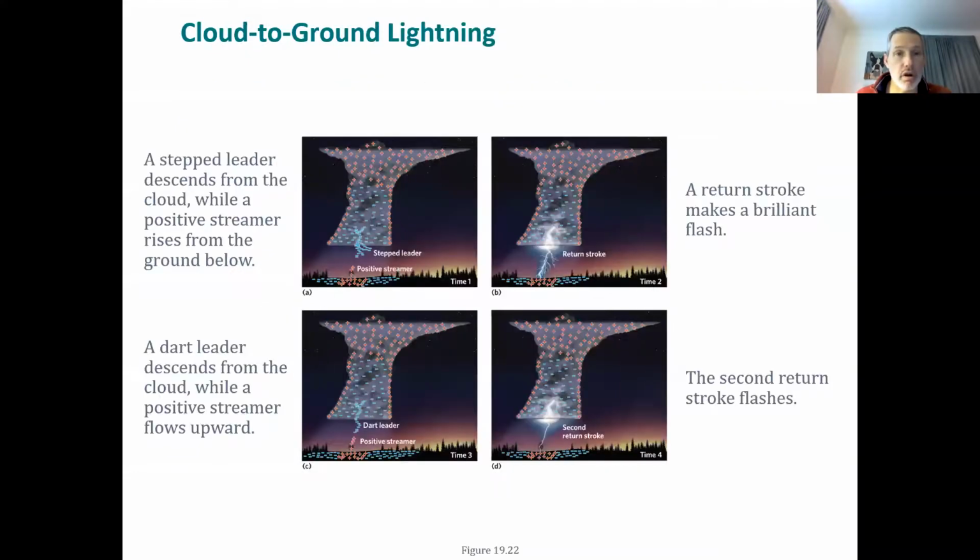Incidentally, if you're on the ground and you start having your hair rise up like a Van de Graaff machine, like at the Science Center or the Magic House, where you touch this machine, what this machine is doing is the exact same thing that you're experiencing here. It's causing a charge in excess amounts of electrons or lack of electrons. And anytime you have all of those extra electrons, remember that opposites attract and likes repel.